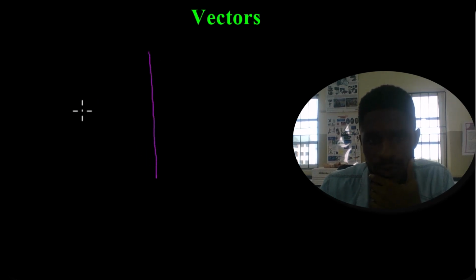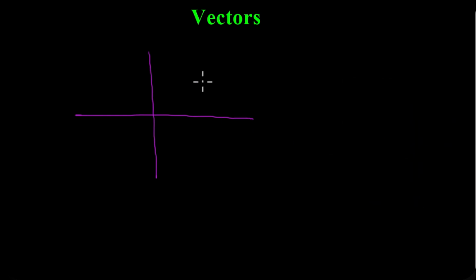So suppose we have an XY plane like this, and I have a point located here. The first way, which we treated in the previous video, to describe this point: this is my origin, point 0, and this is the positive x-axis and the positive y-axis.